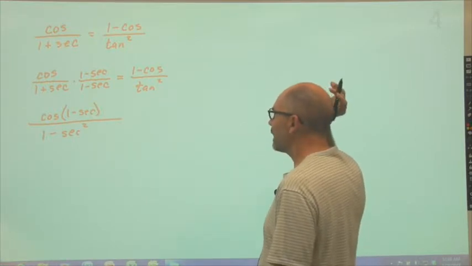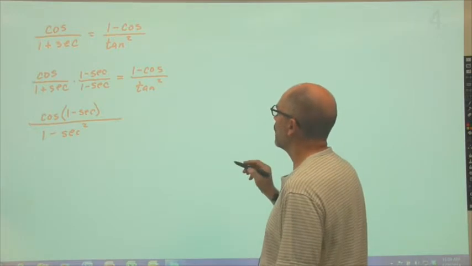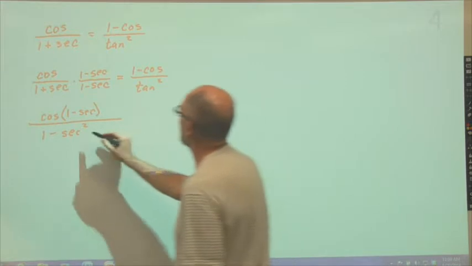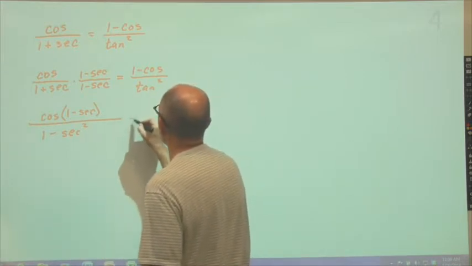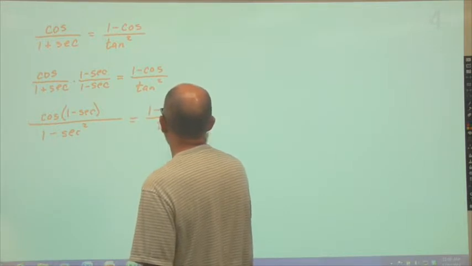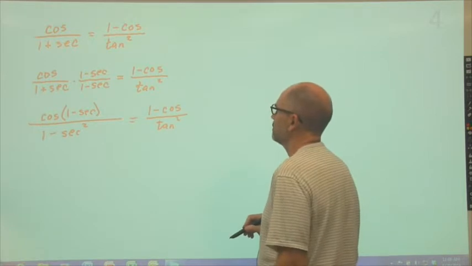Okay, next, I want to look at the secant squared because I have a tangent squared on the other side.